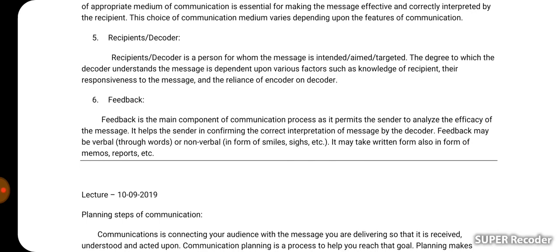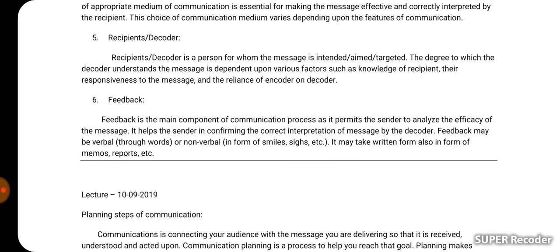The degree to which the decoder understands the message is dependent upon various factors such as knowledge of recipient, their responsiveness to the message, and the reliance of encoder on decoder. So the purpose of the sender is to deliver the message, and now it's the knowledge of the receiver and recipient that determines how much he gets from the message of the sender.